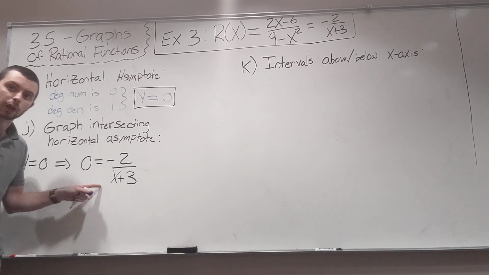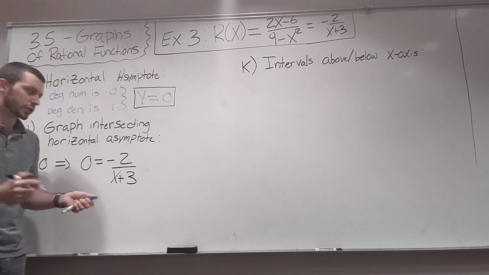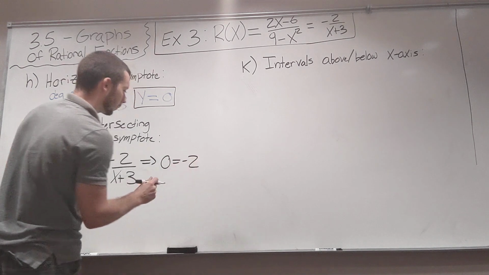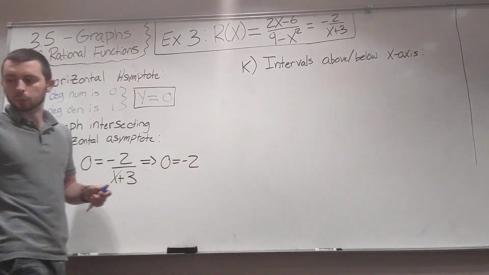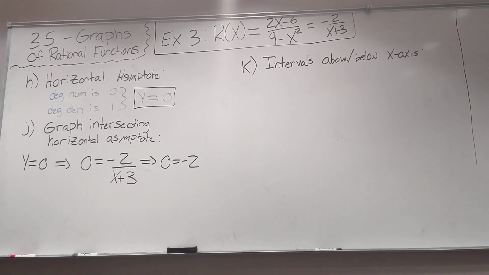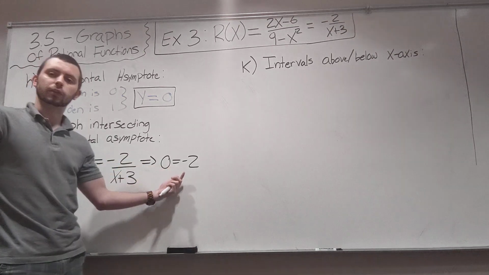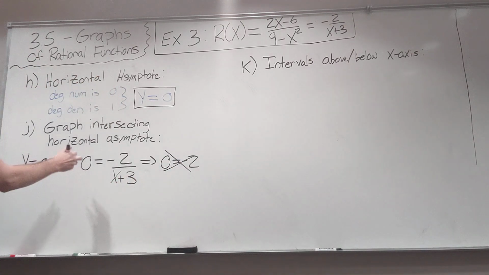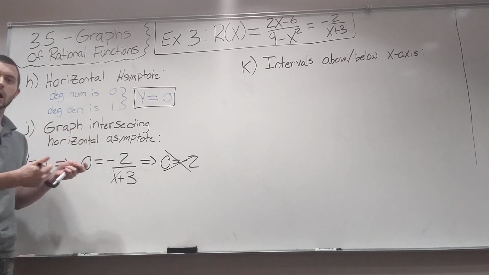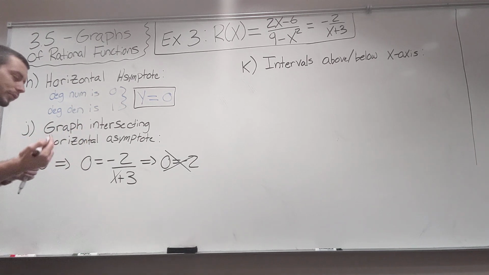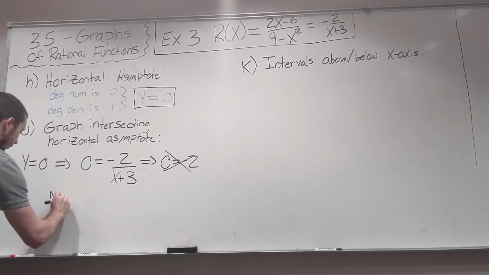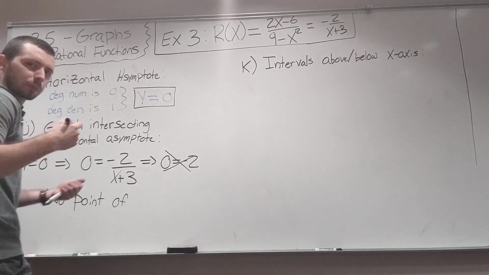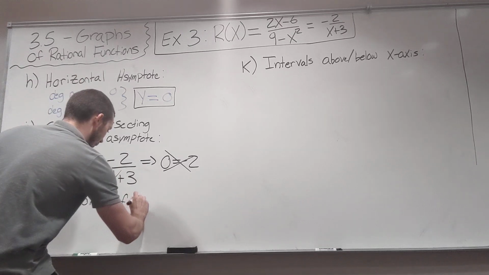The conclusion that we got, when you clear the denominator, is that 0 is equal to -2. This doesn't make any sense, which means that the graph will not intersect the horizontal asymptote anywhere. There's no point of intersection. Or there will be an equivalent option on MyMathLab.